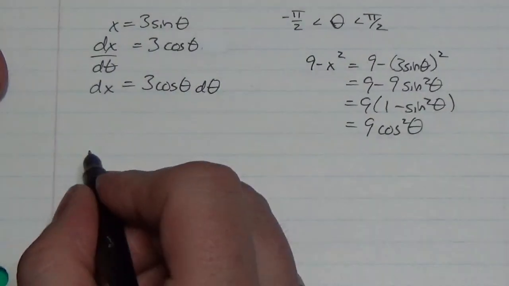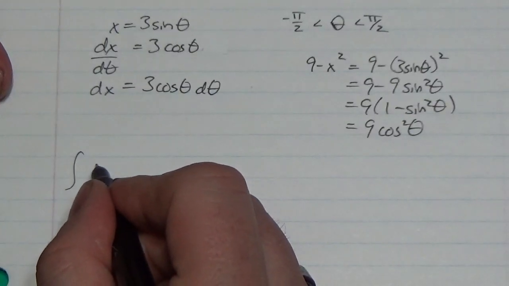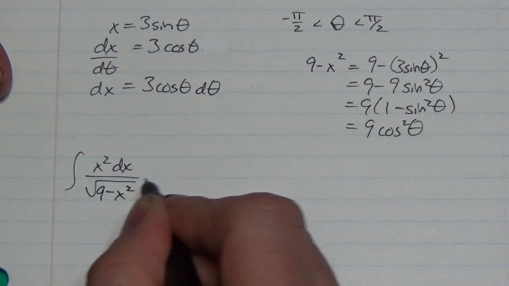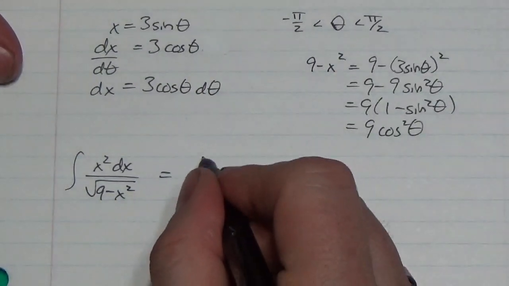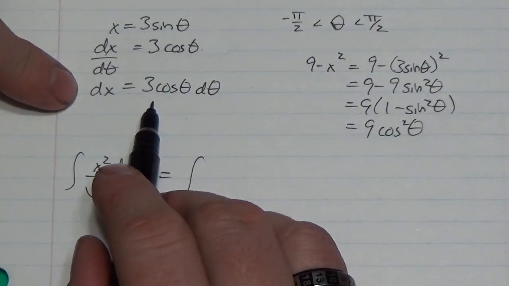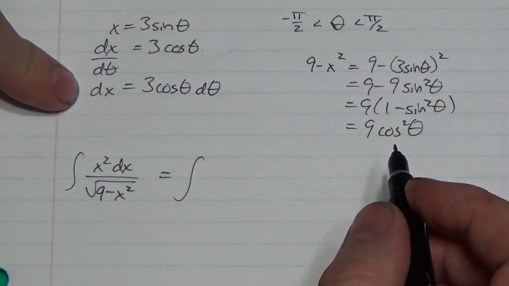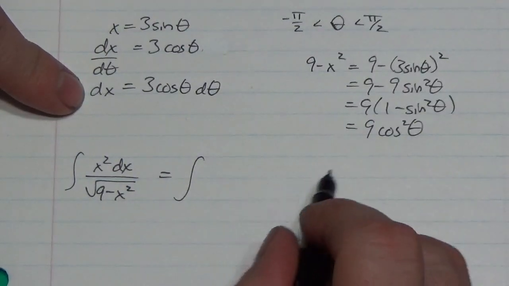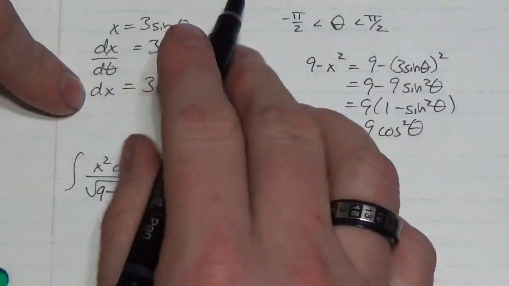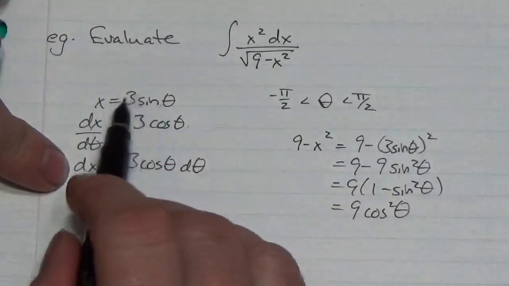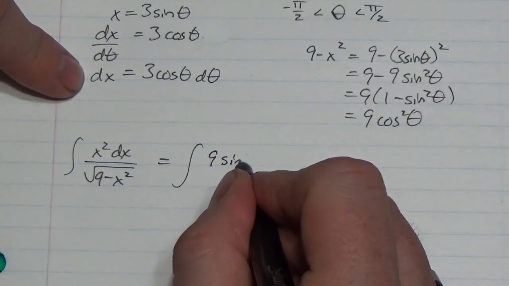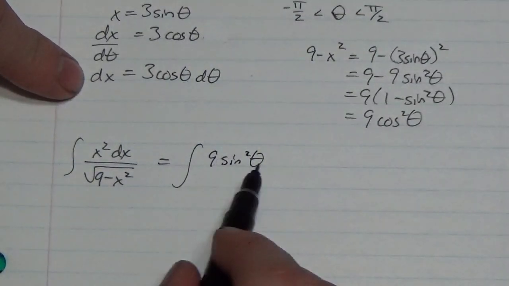So now I'm going to make the substitution. I've got my integral of x squared dx over the square root of 9 minus x squared, and this is going to become the integral of, well, my dx was 3 cosine theta d theta. Oh, sorry, I forgot about the x squared up there. If I plug 3 sine theta into this x, I will get 9 sine squared theta.